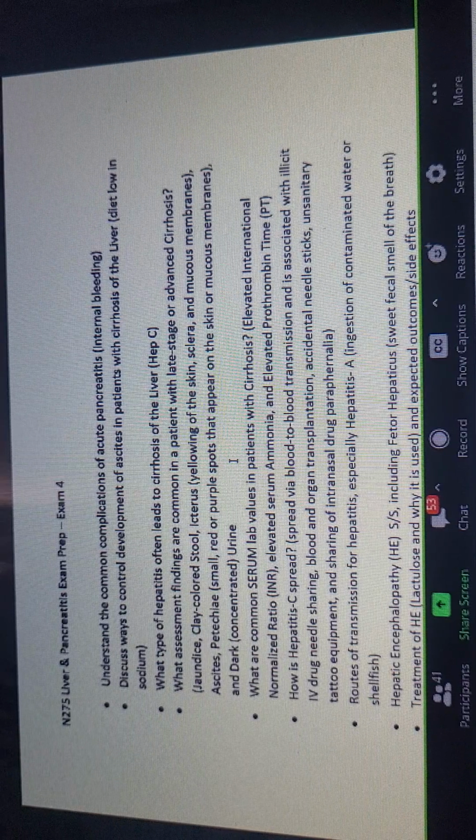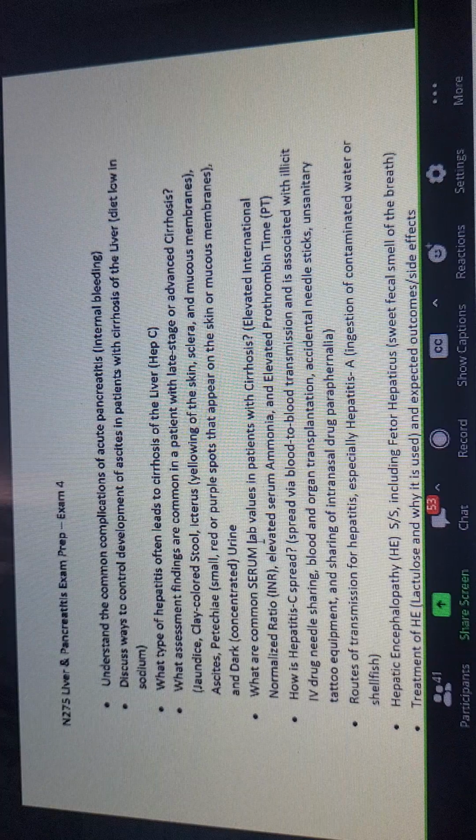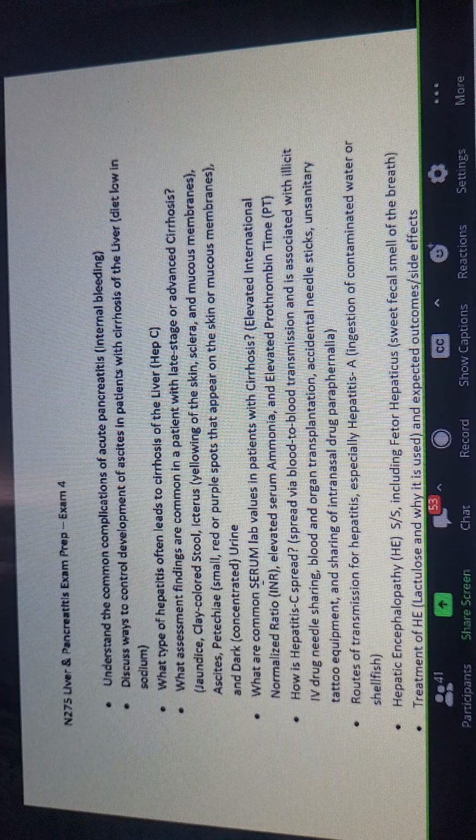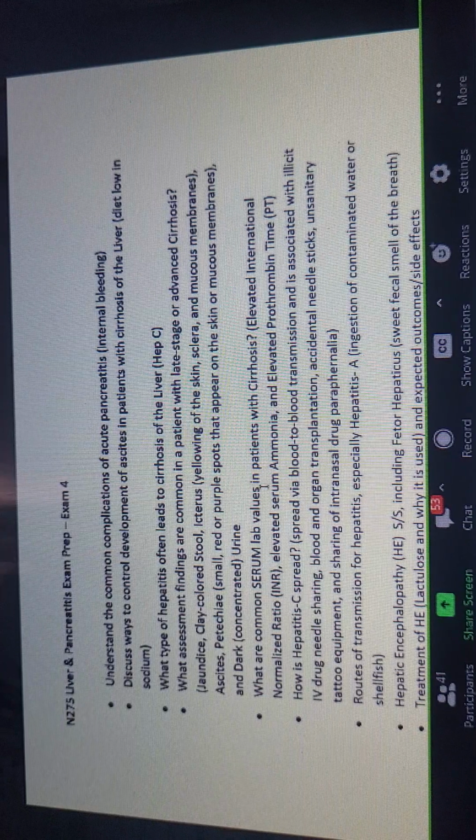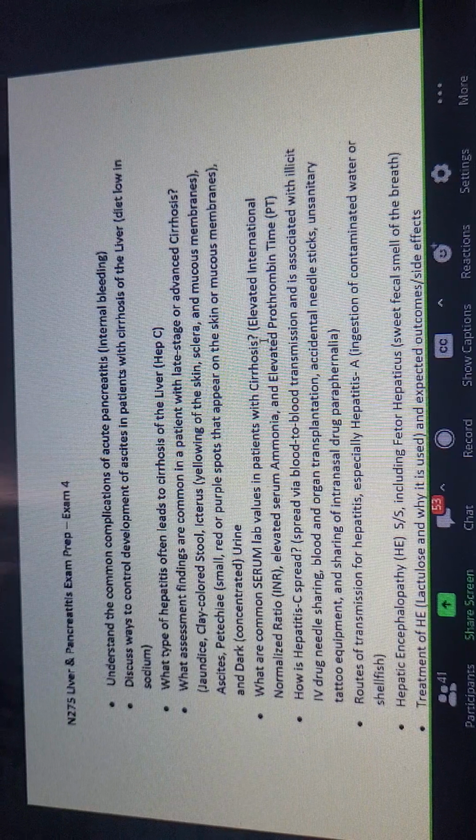So pay attention when they specifically ask you serum, right? So they want blood level. So what are common serum lab levels for patients with cirrhosis?